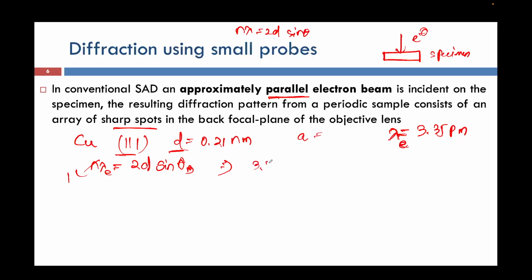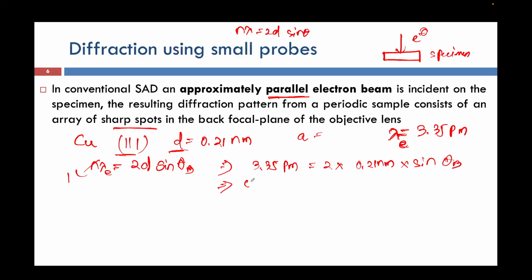Lambda e is 3.35 picometer, which is 10 to the power minus 12 meter, and 2 into d gives 0.21 nanometer into sine theta b.